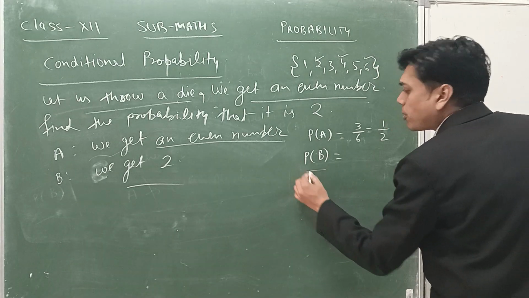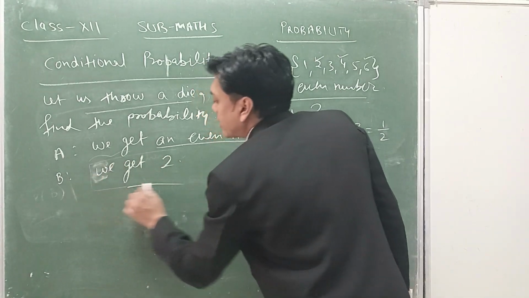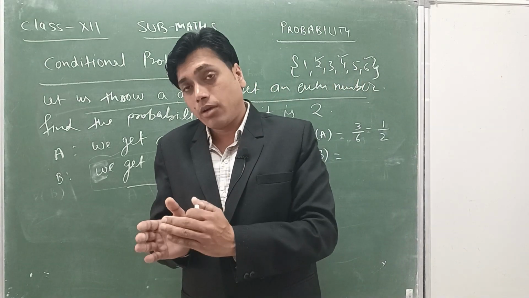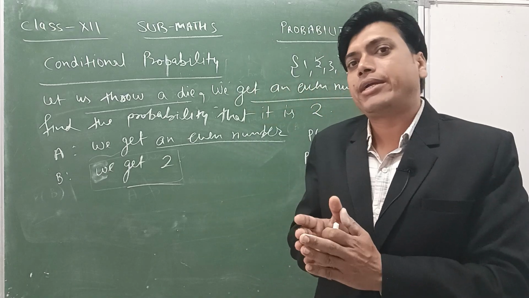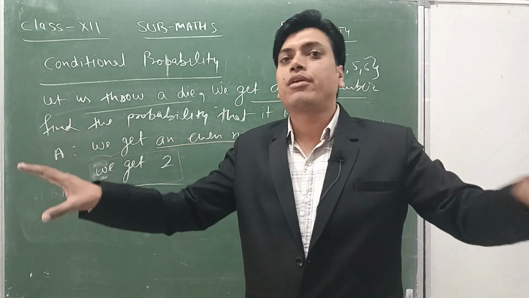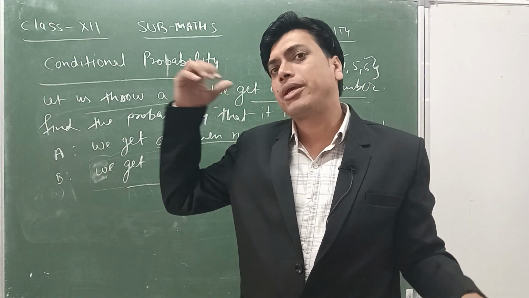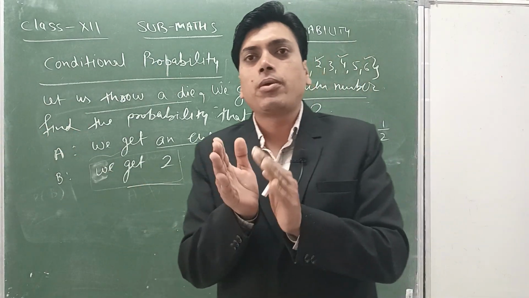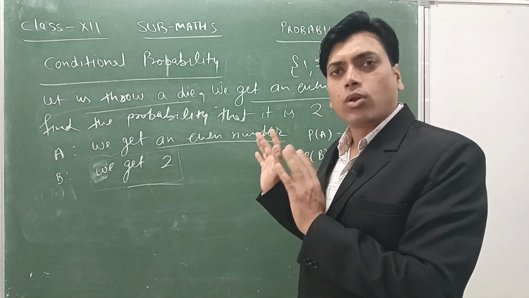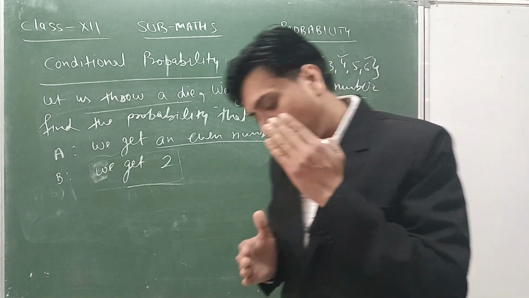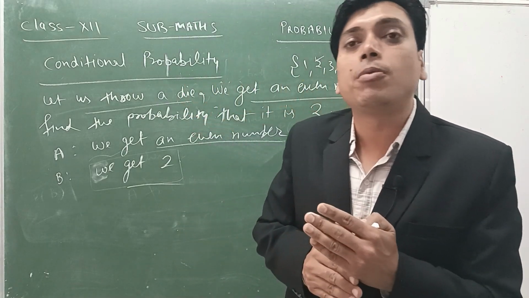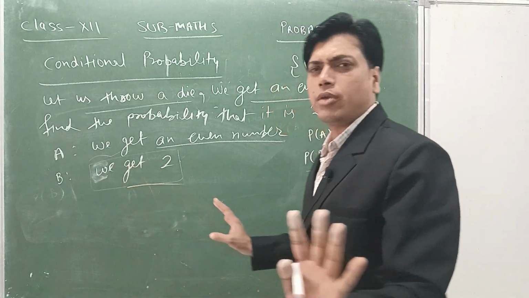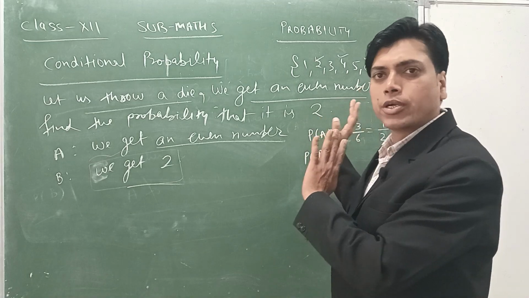Now the probability of B, we get 2. There is no connection between A and B till now. We have to find out both the probabilities at different times. We are not keeping in mind whether A is there or B is there. If we are finding the probability of A, then we will talk about A only. If we are finding the probability of B, then we will be talking about B only. So we get 2, it means we only have to find the probability of 2.